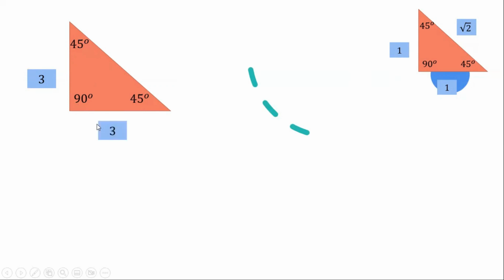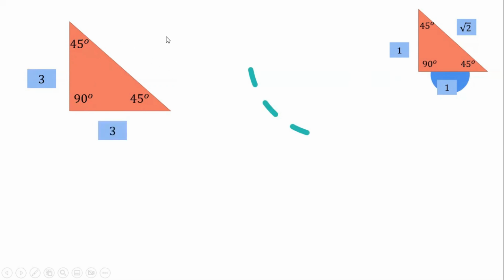Next, for a 45-45 right isosceles triangle, in which the two equal sides are opposite the 45-degree angles, the two sides are also equal, taking one unit: 1, 1, and then square root of 2. If, for example, the given side of the right isosceles triangle is the side opposite the 45-degree angle, then since the two angles are equal, the other side is also equal to 3.